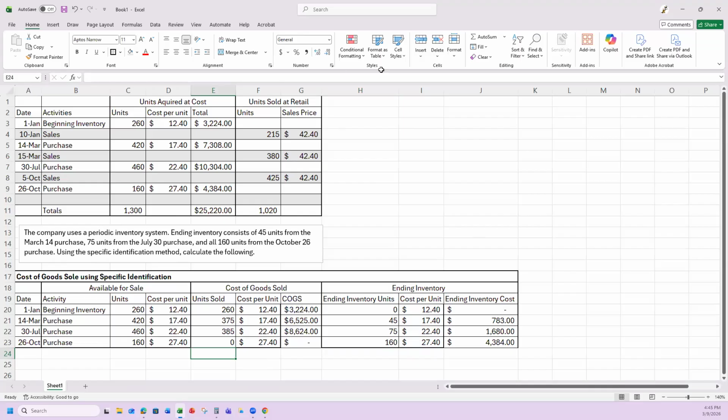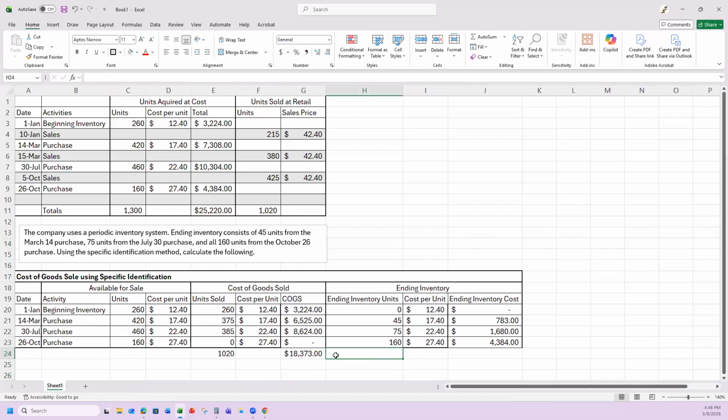We can just do a sum. This will give us the total number of units sold. We don't need that one, but this will tell us the total cost of those units sold. We can do the same thing here: the number of units still left in inventory at the end of the month and the cost of those units.